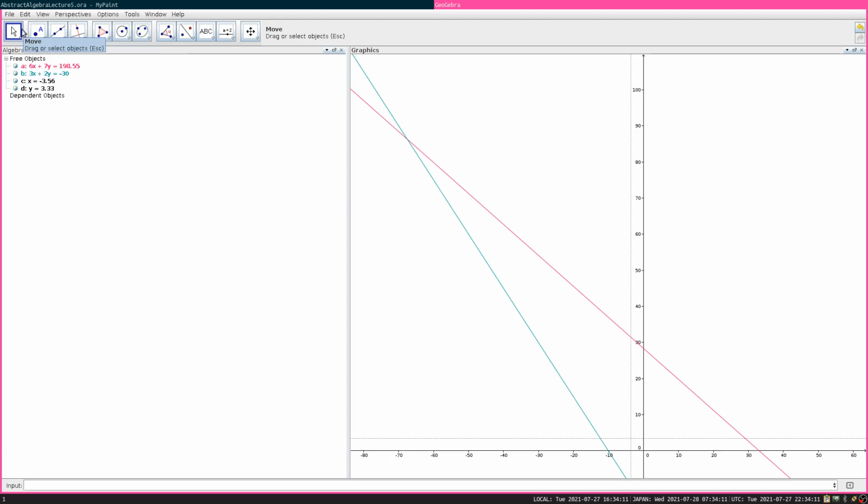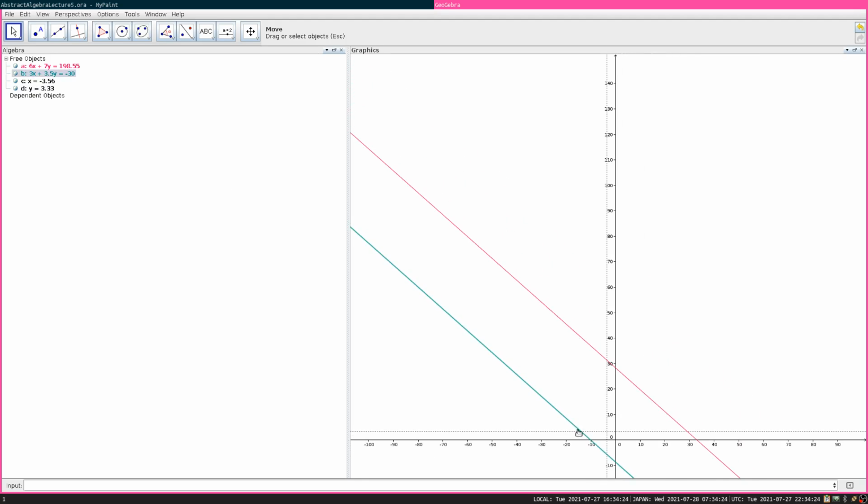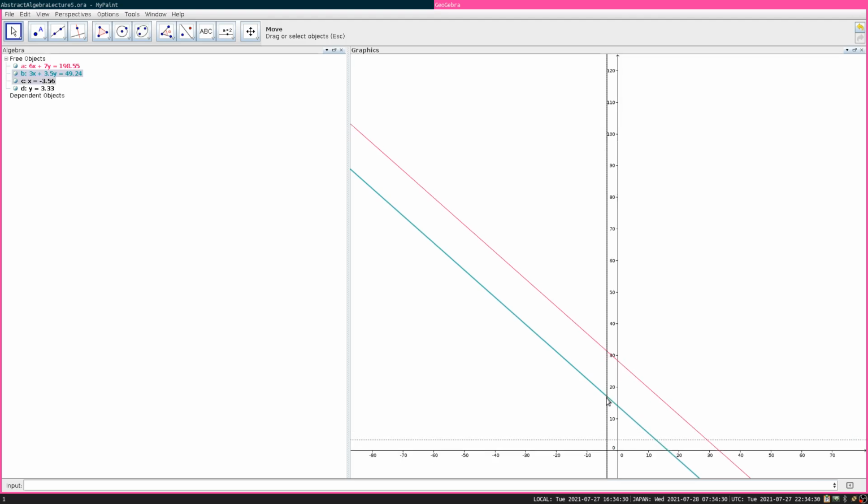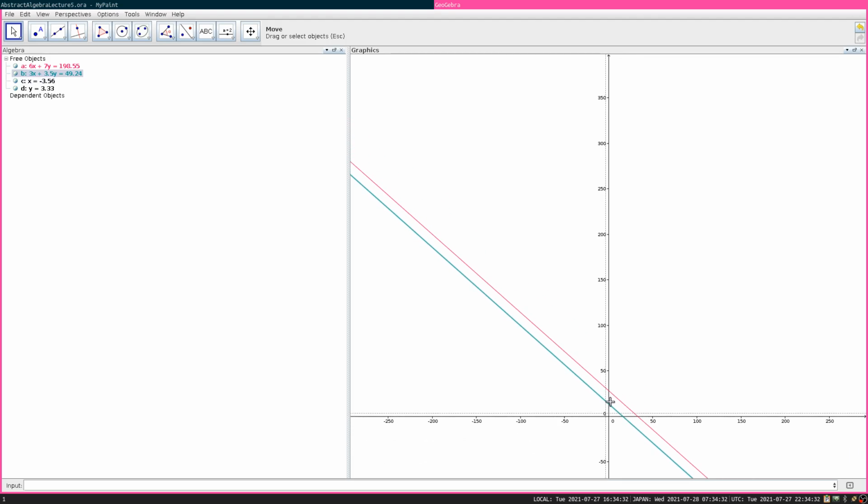Okay, so what I'm going to do is change this from 3x to 21/6 y. Okay, and now the two lines are parallel. Now, what you can see is that we either have no solutions if the two lines are parallel, like this, and they aren't the same line.